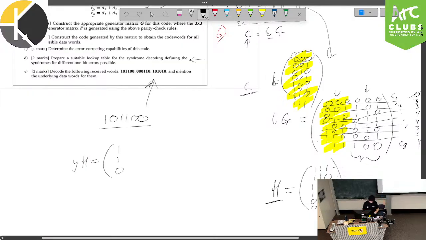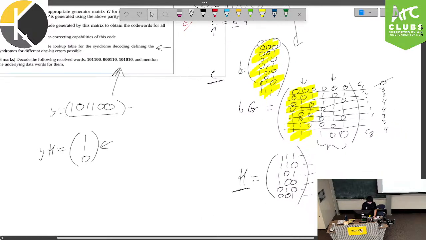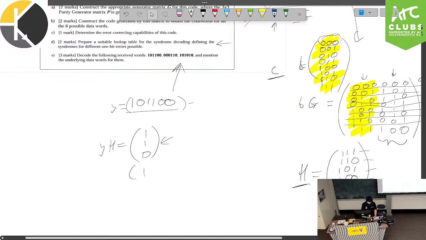So what we're doing, we're multiplying this y, which is, I'm going to call it the row vector given by this, and then we're multiplying that by H, and so it gives us this value. Now mind you, this value of 110, actually sorry, this might need to be a horizontal thing. I'm pretty sure it's horizontal. My bad. That's what it gives.